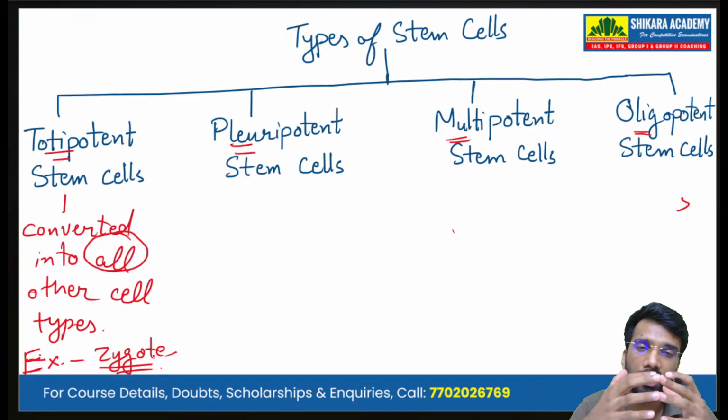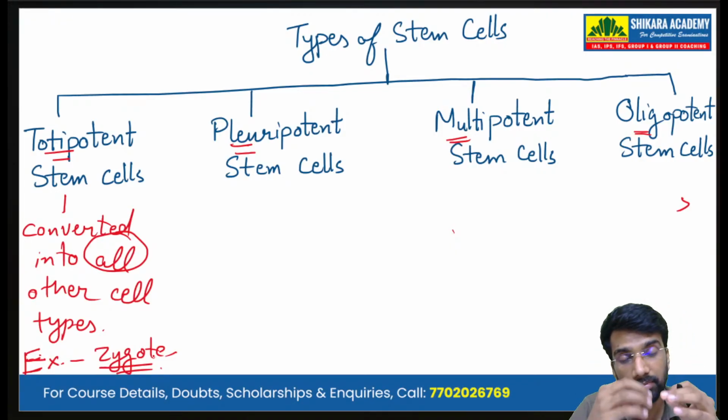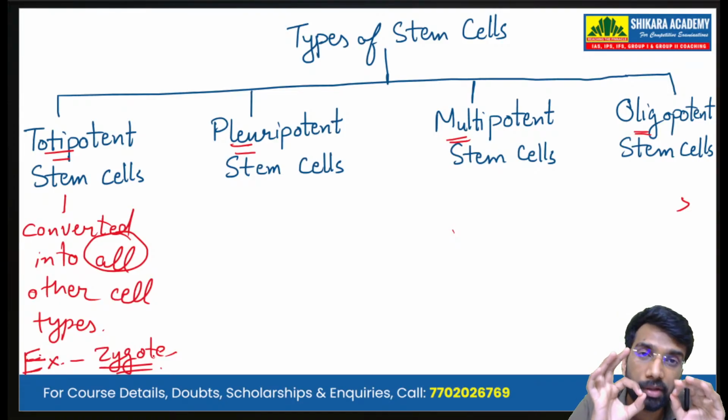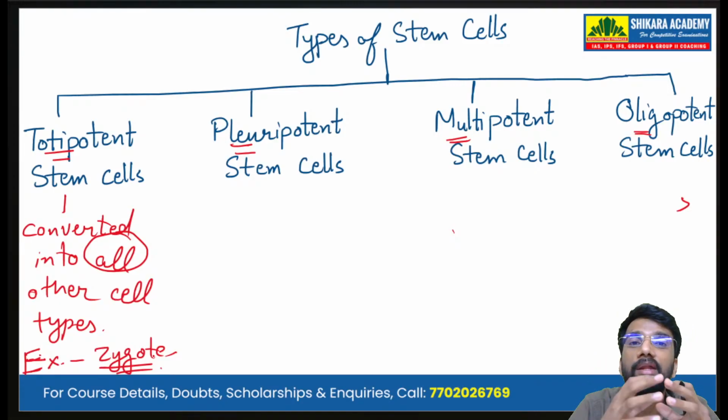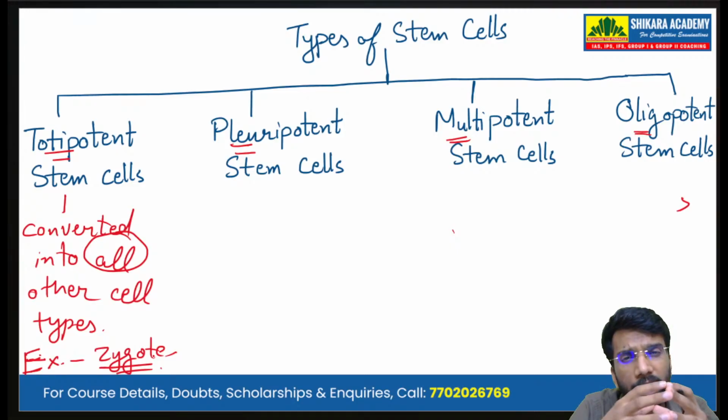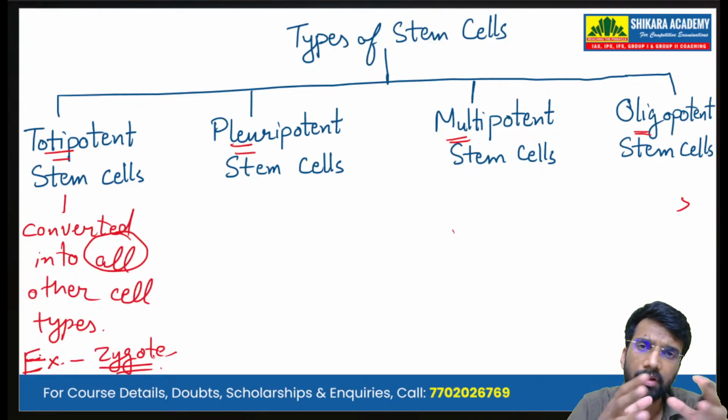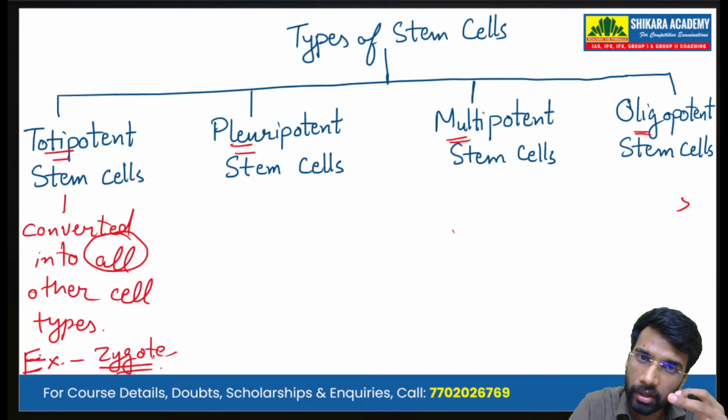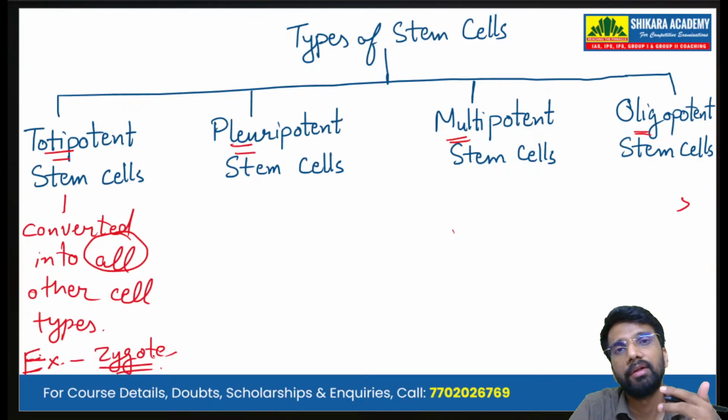If it is giving rise to the entire human being, that means that zygotic cell has the ability to be converted into all of the other cell types, that is our body cells during our fetal stage. It has become the placenta, and it has also given rise to the umbilical cord cells.